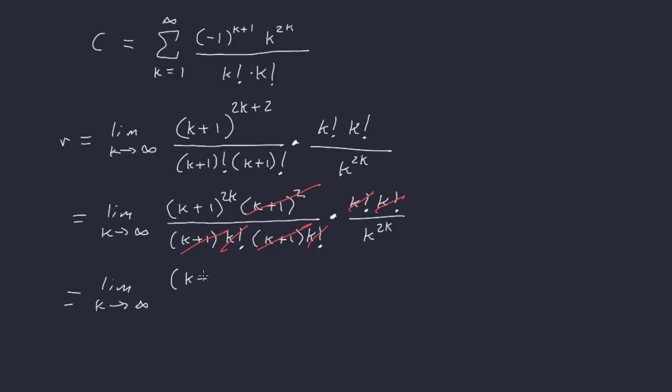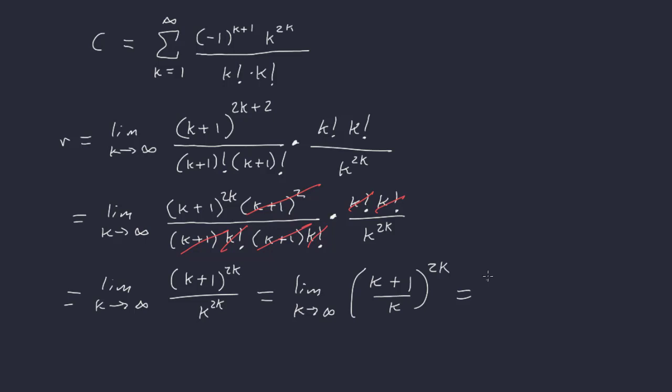What we have left is k plus 1 to the 2k all over k to the 2k. All right, and then like we did in the last one, this will be the limit as k goes to infinity of k plus 1 all over k to the 2k.